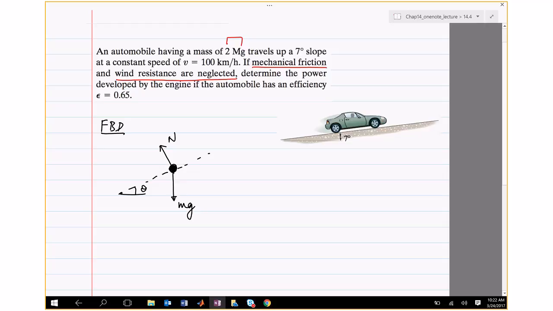And remember that the car is being driven by an engine, so there is a force which is driving it uphill. I'll call that F. This is the engine force, from the engine. If that force did not exist, what will happen? The car will just slide down, right?